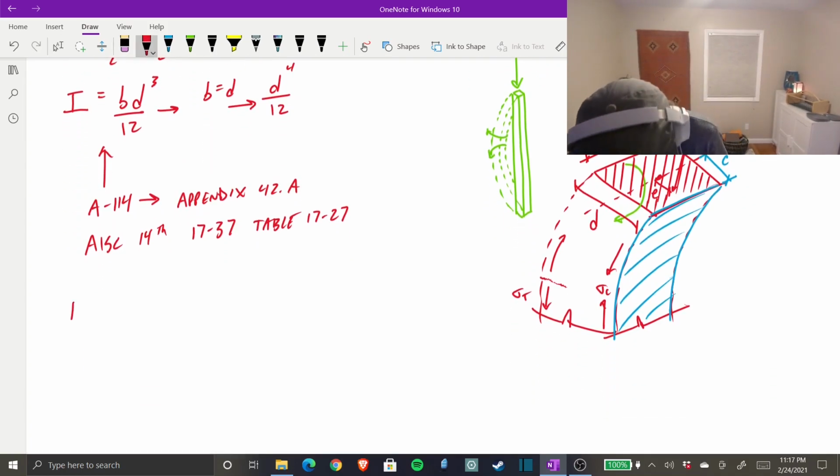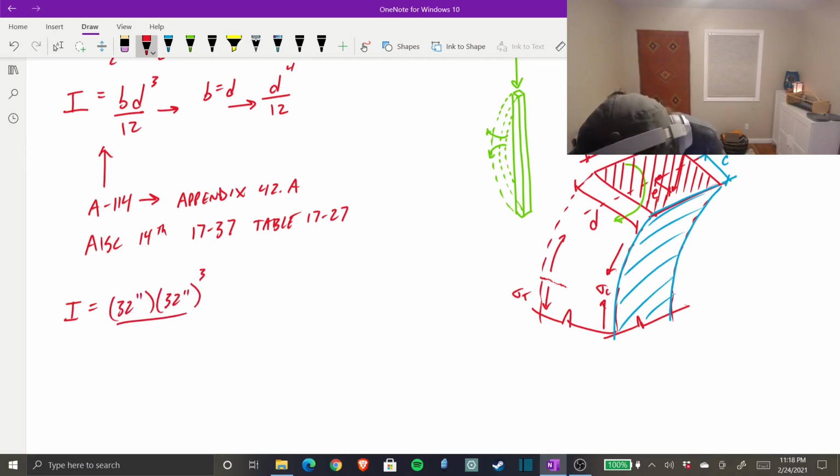Okay, let's find I. So I is equal to BD cubed over 12, which is 32 inches times 32 inches cubed over 12. And again, you can see here that you could just lump that additional 32 in and raise it to the fourth if you wanted. That proves right there how that equation transforms once you have two lengths that are equal to one another.